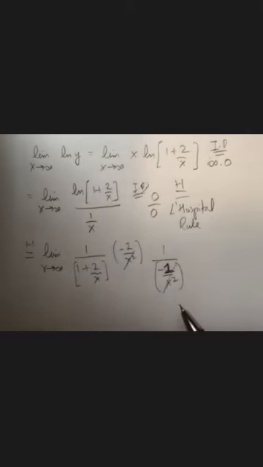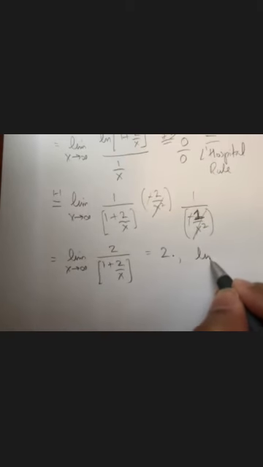So this will cancel out here. We're left with this, and 2 over x goes to 0 as x goes to infinity. So it's 2. But we are not done yet.